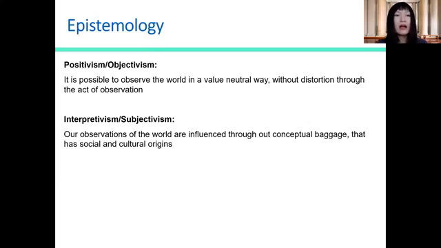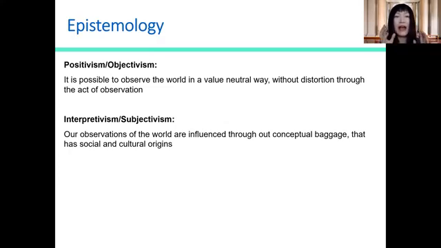Similarly, as we just mentioned about the two extremes of ontology, epistemology also has two extremes. One extreme of epistemology is positivism or objectivism, and the other one is interpretivism or subjectivism.